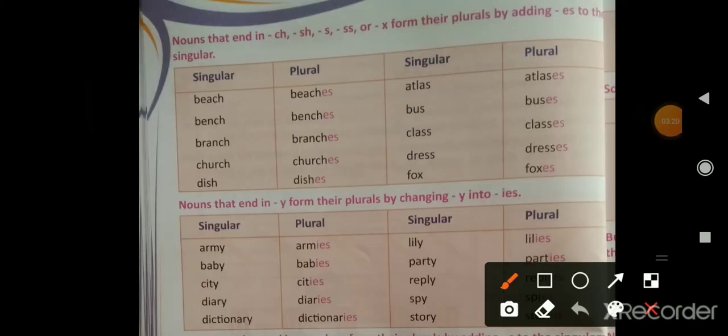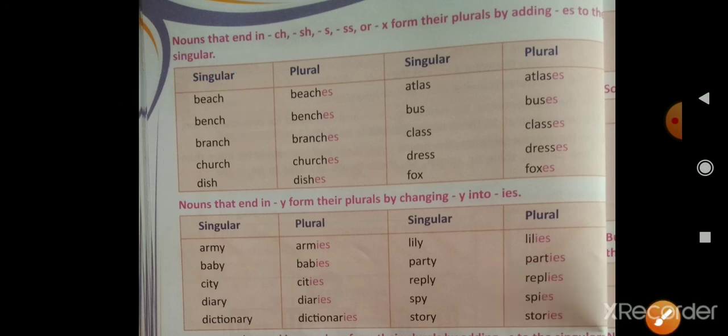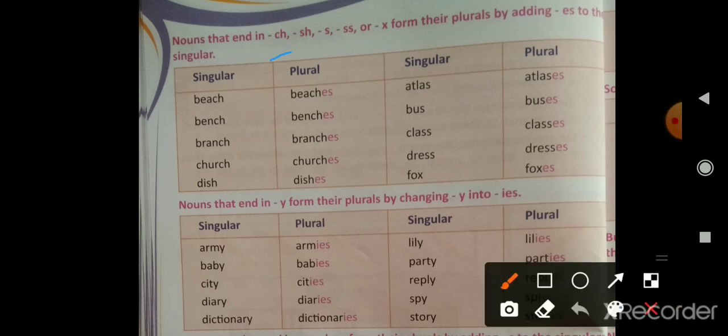Now there are some more words and in these words we will add only es to make them plural. So nouns that end in ch, sh, s, double s or x form their plural by adding es to the singular. As the first word, beach, this word ends with ch, right?